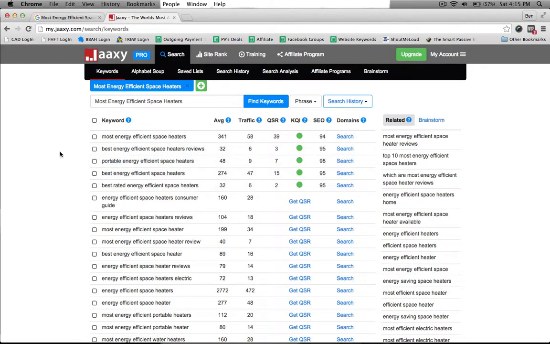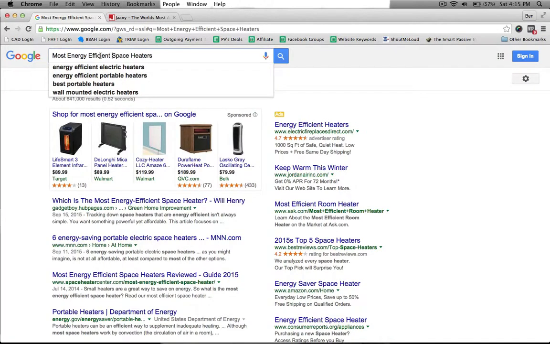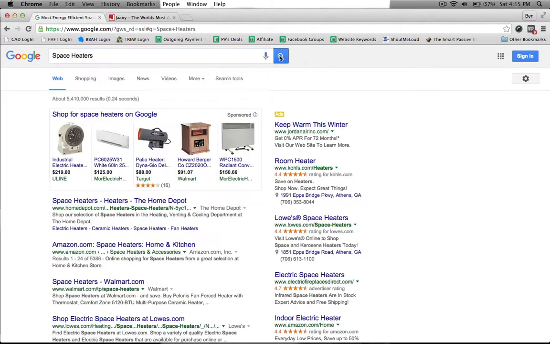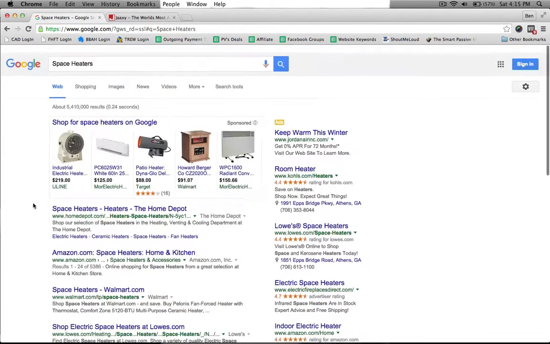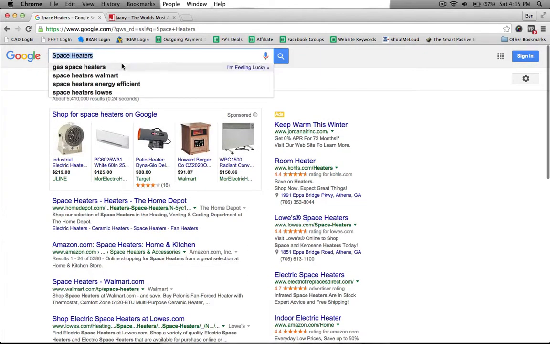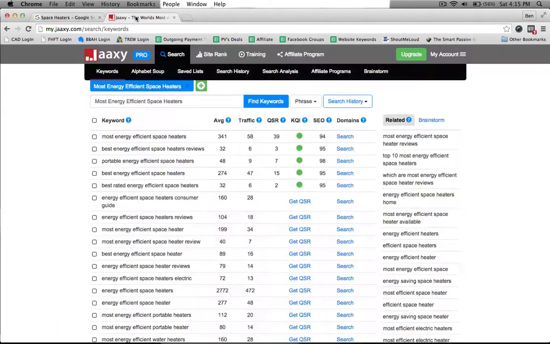So again, the whole point here is instead of going after keywords where all the competition is, such as space heaters, again, Home Depot, Walmart, Lowe's, be a little more strategic about it and go where your competition is not.